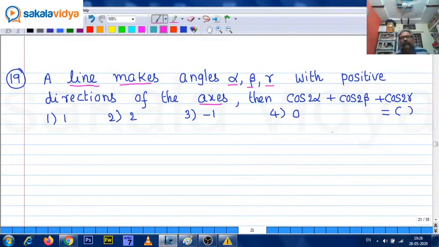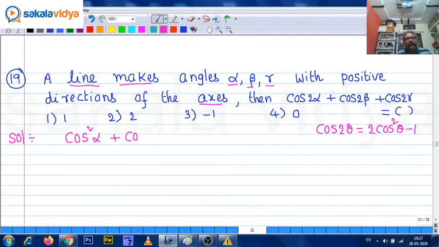Here basically we need to remember the cos 2 theta formula. Cos 2 theta is equal to 2 cos square theta minus 1. This is from multiple and submultiple angles, which we have discussed. Since a line makes angles alpha, beta, gamma with the positive coordinate axes, we know the relation cos square alpha plus cos square beta plus cos square gamma, that means L square plus M square plus N square, equals 1.